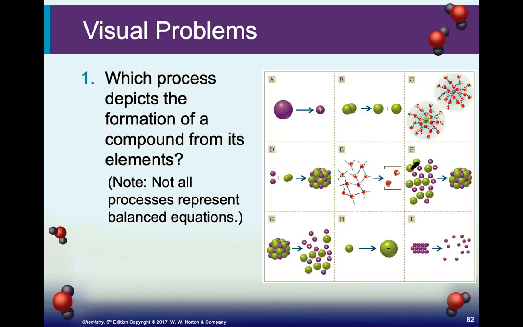F? No, you're very close, but no. The reason is this will be just the formation of the crystal. In F you have separate ions, and they are coming together.